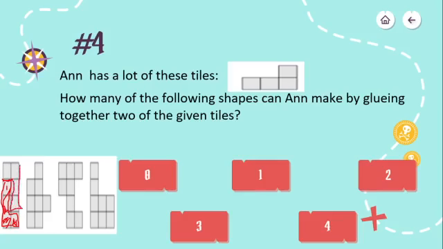You can see it: 1, 2, 3, and 4. Then here, there are two tiles combined in this diagram, so they can form this image. So we have one image that we can form.